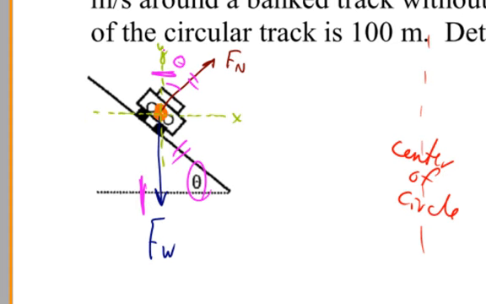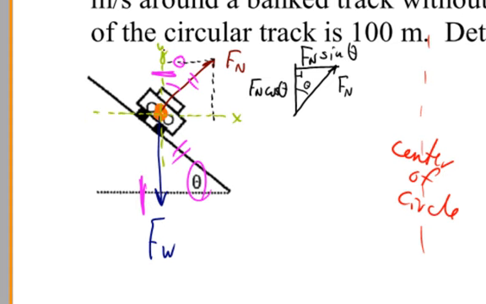I want to break the normal force into components parallel and perpendicular to that particular axis. If you need some help with this, then what you can draw is a force triangle with Fn at the hypotenuse. You can locate your angle theta in that force triangle and then write the components of the triangle based on the trig functions. So now I want to sketch those components in my force diagram here.